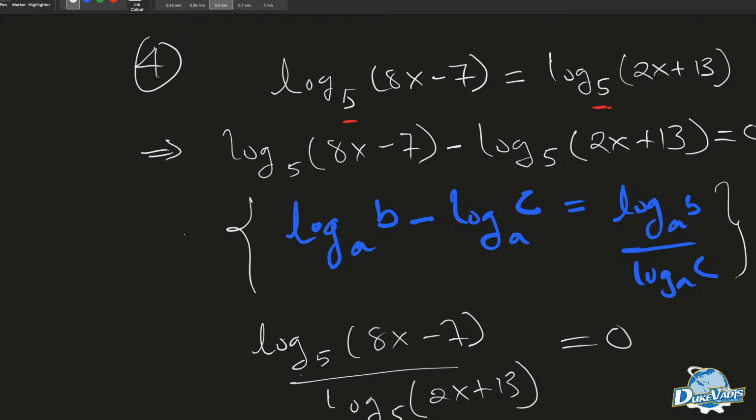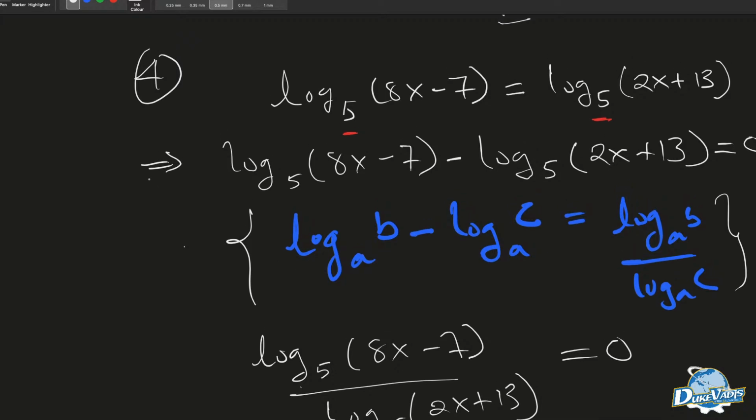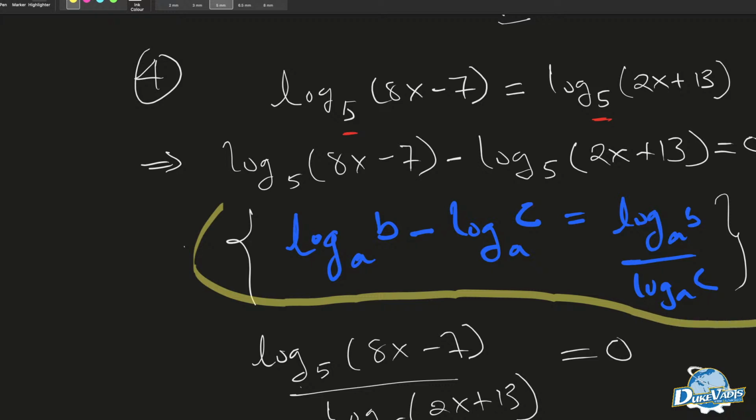Then we reminded ourselves, for this equation, of some of the properties of logarithm. Having this property in mind makes the equation so easy for us to solve. Have you seen that?